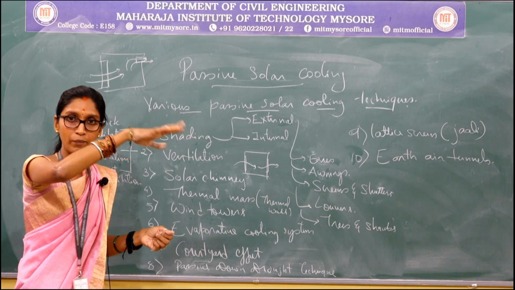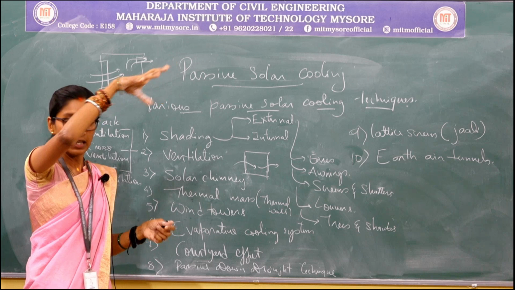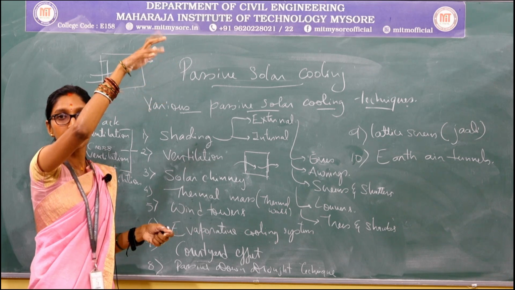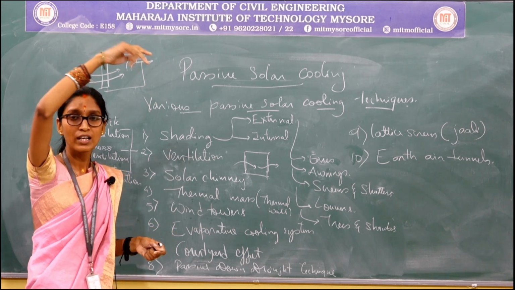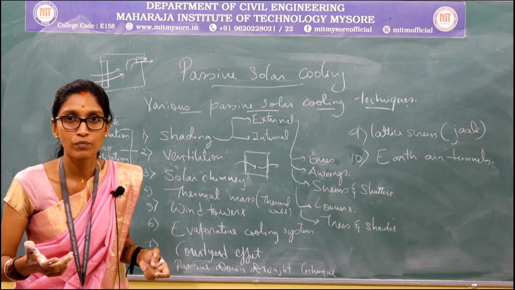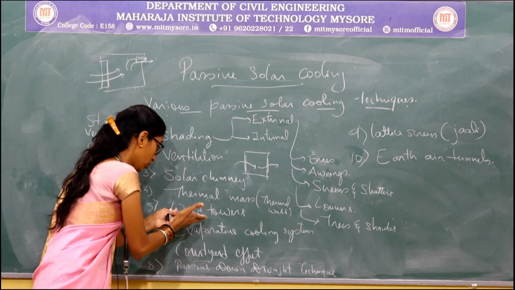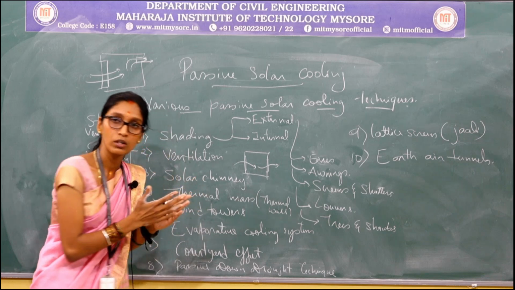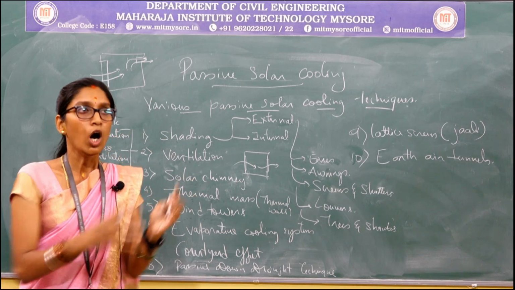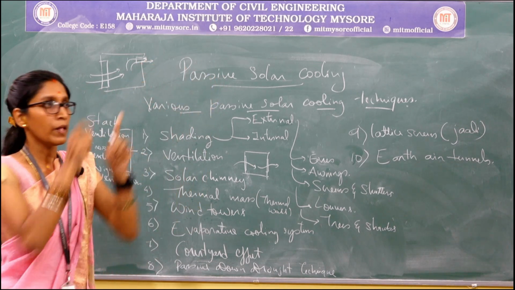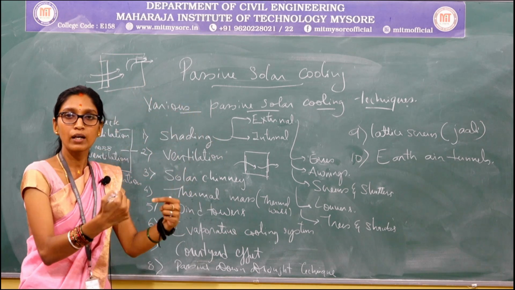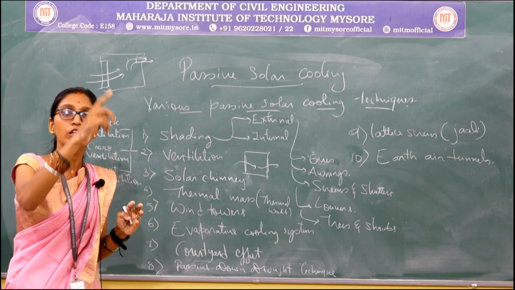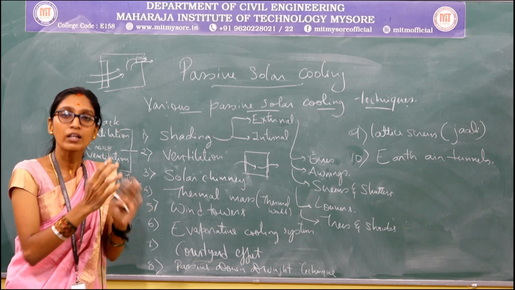At the same time, what is happening? The hot air which is present in the building and has been raised up will be removed out from the same openings. Okay? And in order to have a good wind blow or air capture, the openings are made at a larger end, to a greater extent.